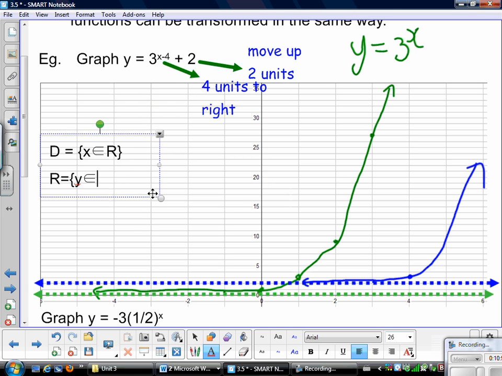So real numbers, and we have such that y in this case has to be greater than 2. Okay, not equal to 2, because remember that's an asymptote line. So it needs to be greater than 2. Okay, so since we've done an awful lot of work with functions and transforming them, actually this is fairly easy now, or it should be.